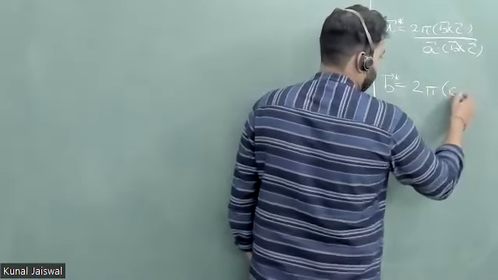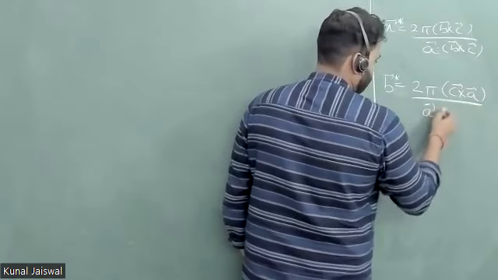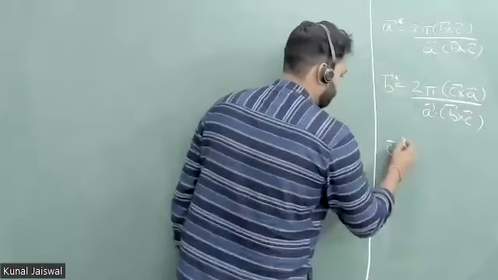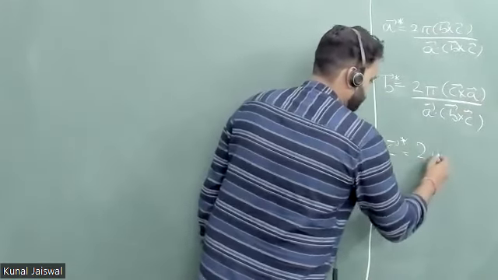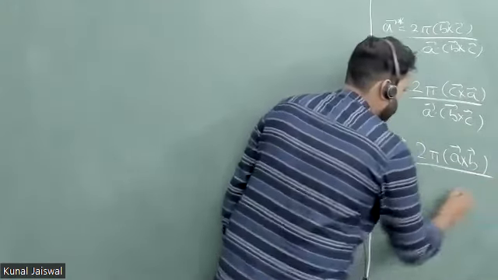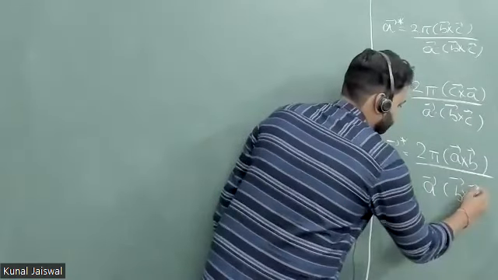2 pi C cross A divided by A dot B cross C. And that was C star. It was 2 pi A cross B divided by A dot B cross C. Clear?